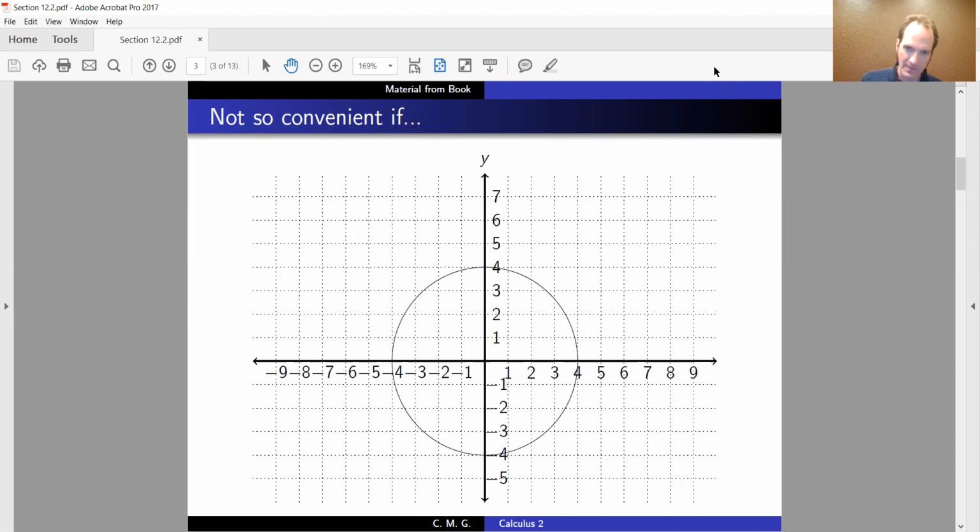The points on this circle pretty much don't have rational coordinates. I mean, the x and the y here, at 4 on the x and y axes, those are perfectly normal, fine, great. But everything in between on this line here is not nice rational coordinates.